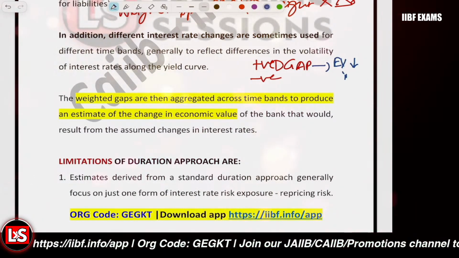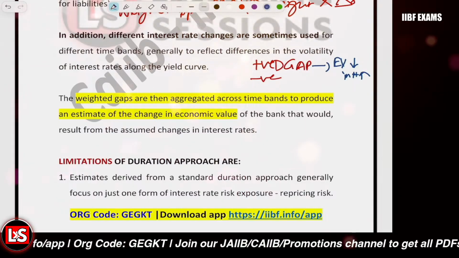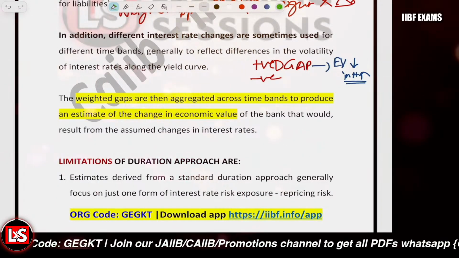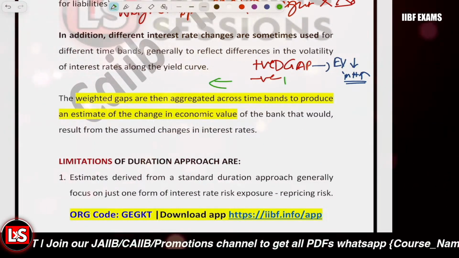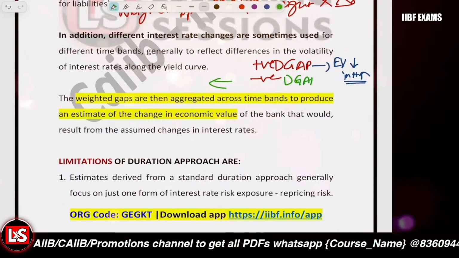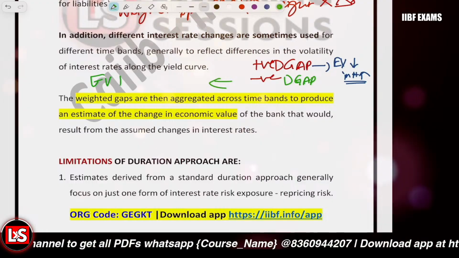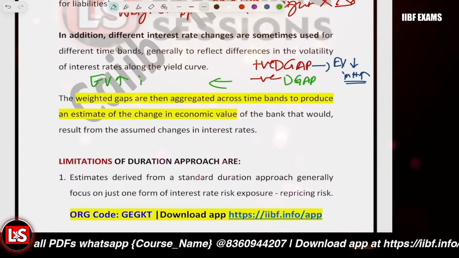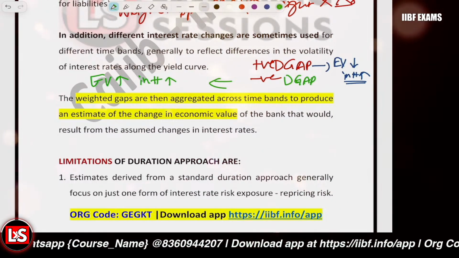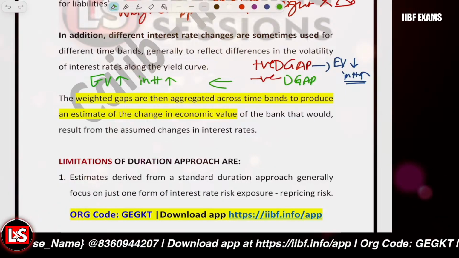So if interest rate increases, the economic value will fall. And on the other hand, if we have a negative duration gap, in that case, economic value will increase if the interest rate increases. Clear with it?